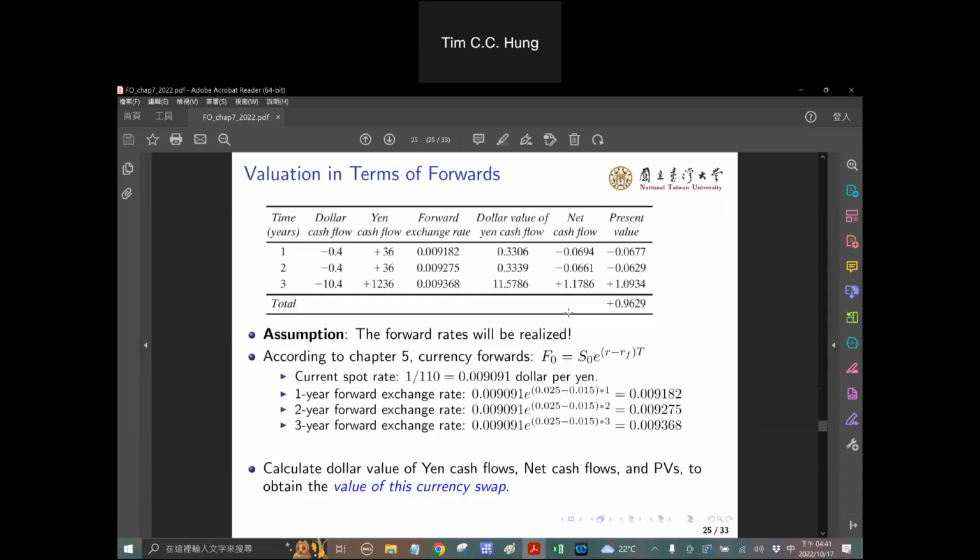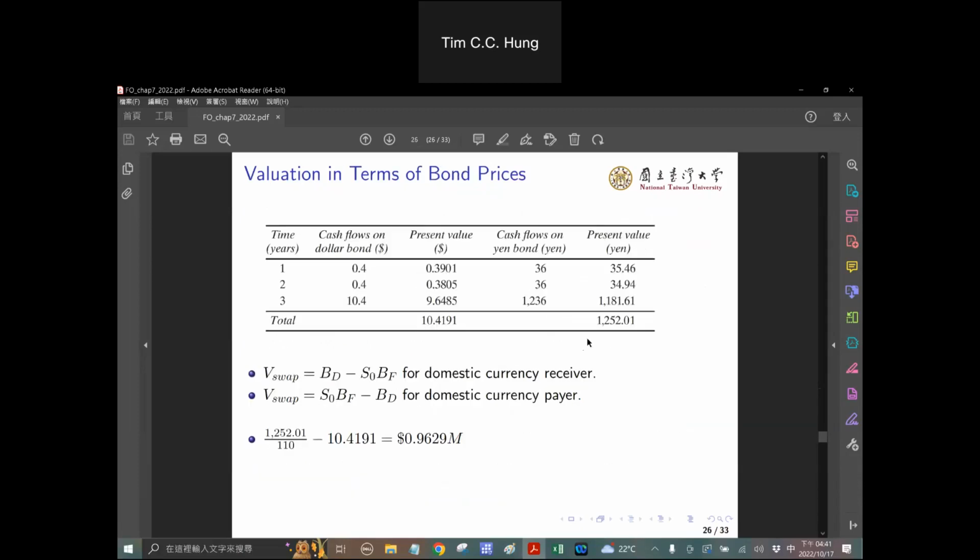What do I mean? I think the valuation in terms of bond prices is an easier way to understand. So let's try this way, okay? Cash flows on the dollar bond. We're going to pay 0.4 million in a year, 0.4 million in a year.